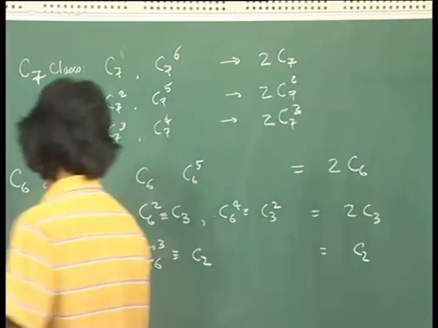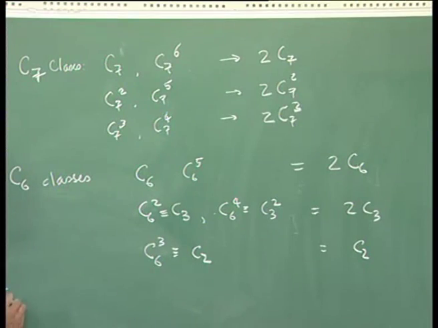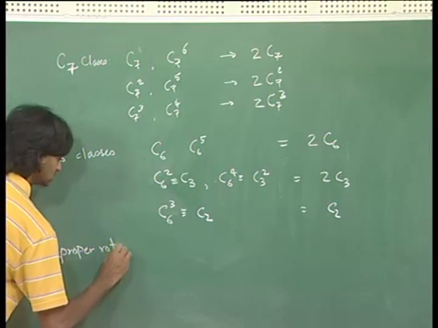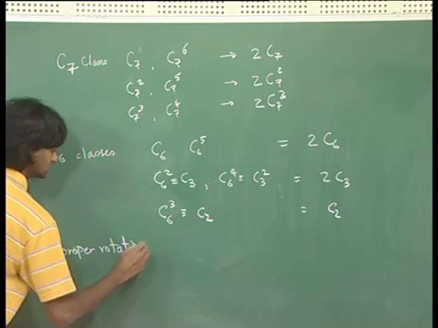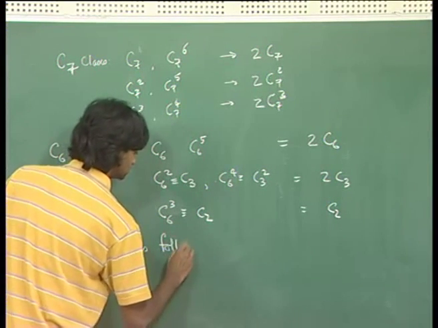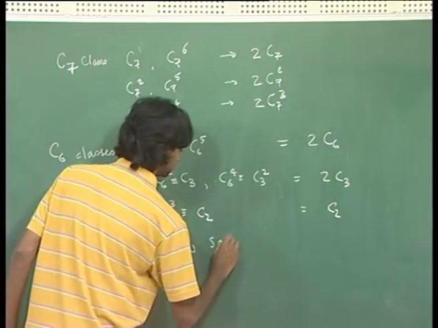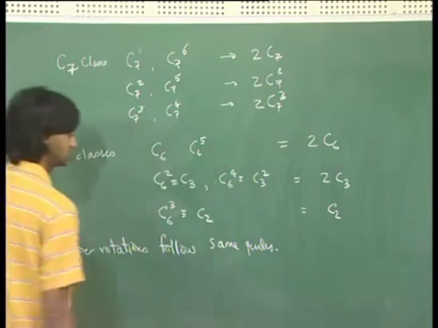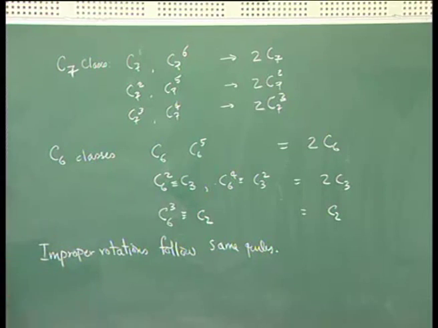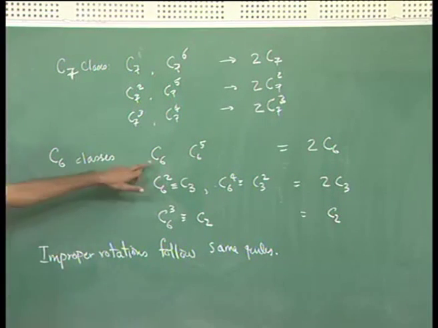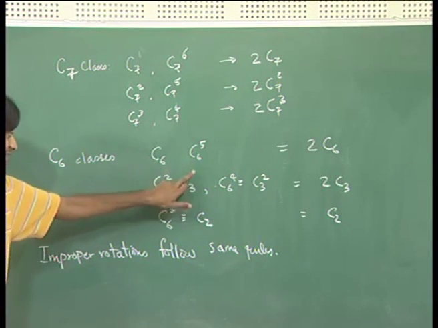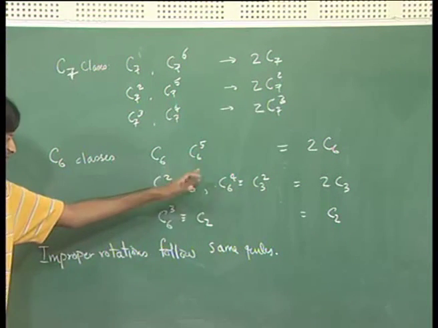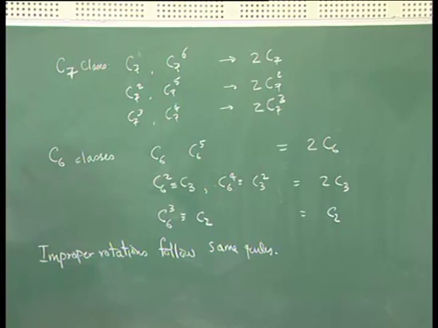So, improper rotations follow the same rules. Instead of C's you have S. So, if you had an S6, S6 and S65 would be in one class, S62 and S64 would be in the same class and so on.